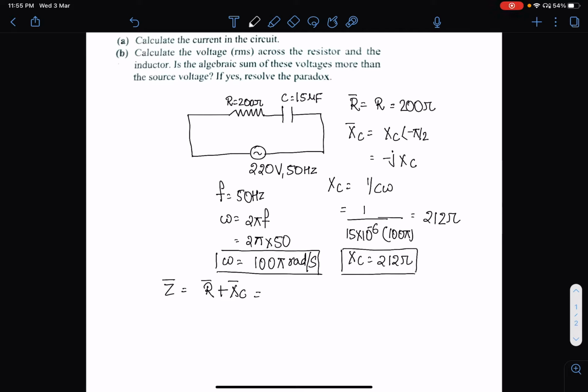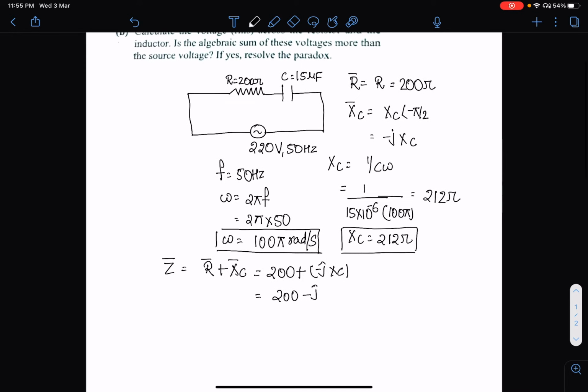R phasor here is R, which is 200, plus XC phasor. XC phasor we already know how to write, it is minus jXC. So that will be equal to 200 minus j into XC. Already we have calculated, XC is 212.